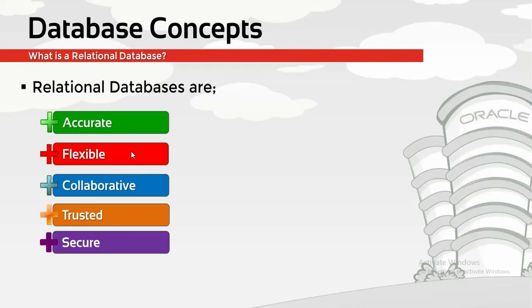Collaborative means you can combine these databases with any other database. For example, if you are retrieving data from multiple sources, you can use them in an Oracle database. Lastly, trusted, because Oracle is a most trusted company that developed the Oracle database, and it is secure. Hackers should not be able to hack the Oracle database because of its strong security.